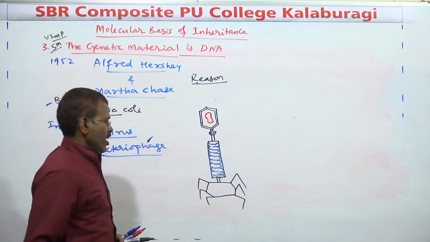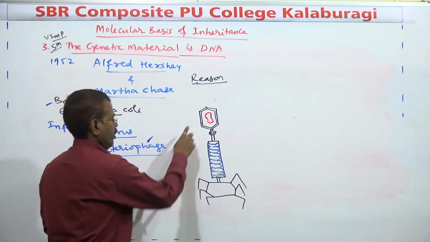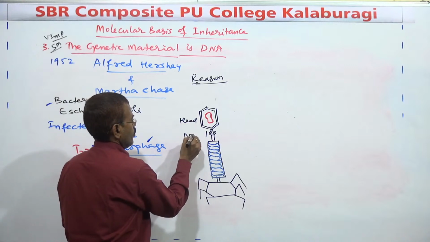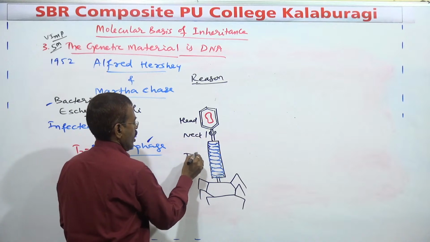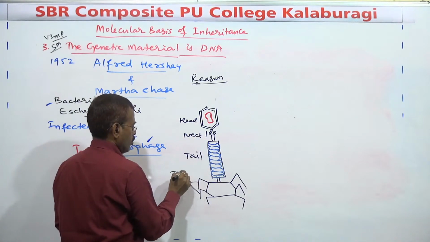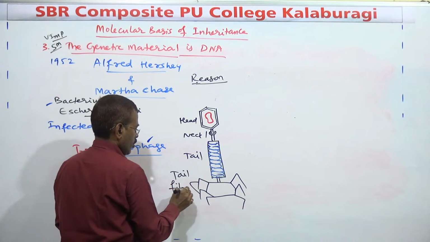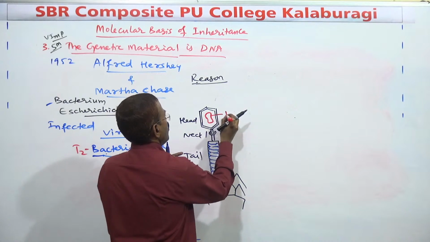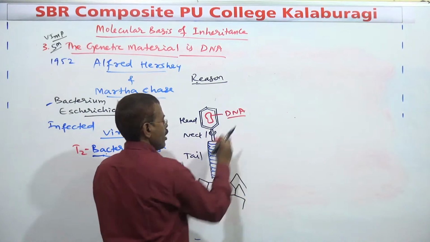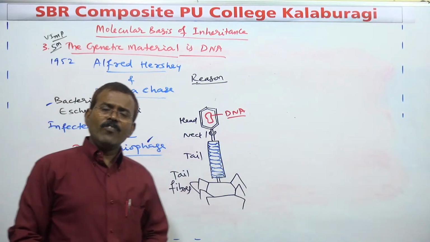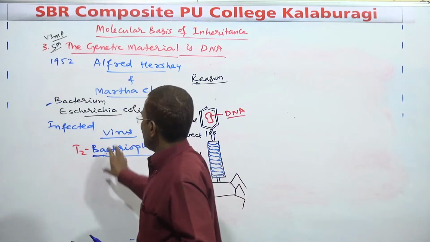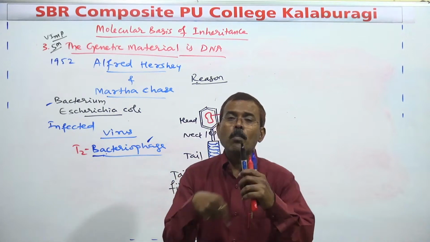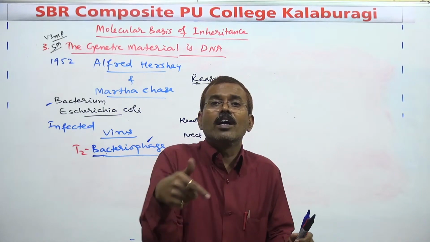This bacteriophage virus, so this is the head, this is the neck, this is the tail, these are all tail fibers. This head has the genetic material DNA. Bacteriophage virus easily infects E. coli, and the phage particle can multiply inside the bacterial cell.